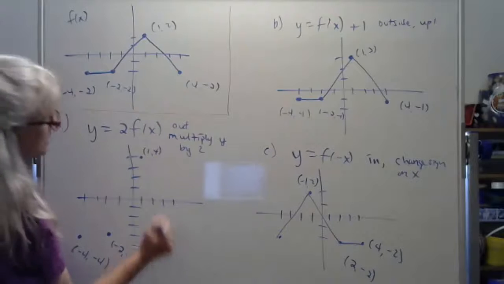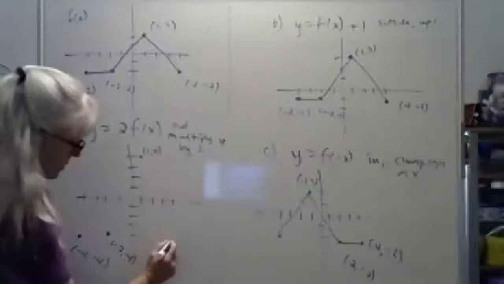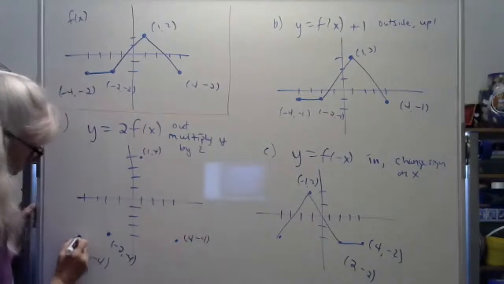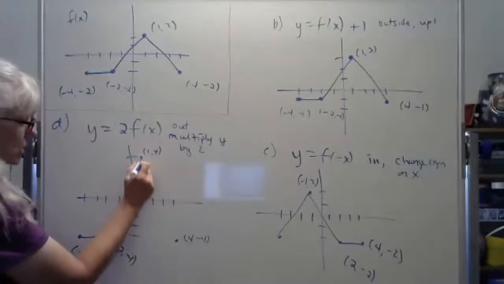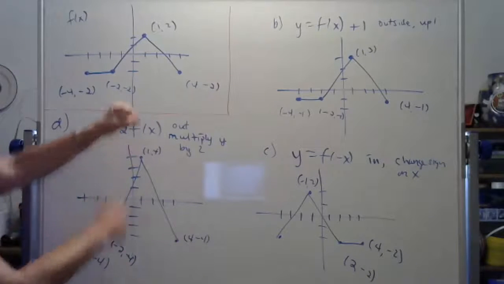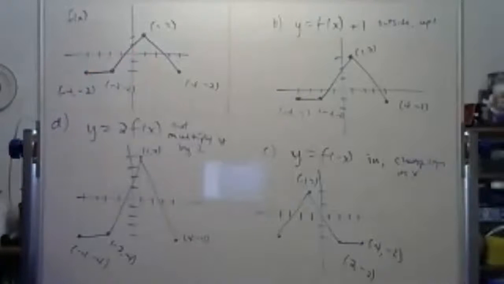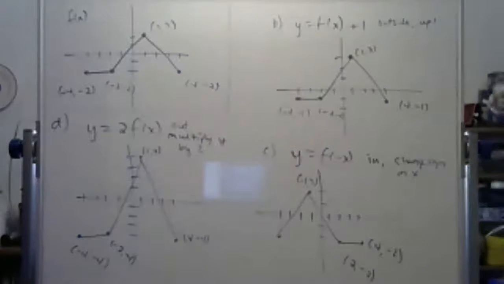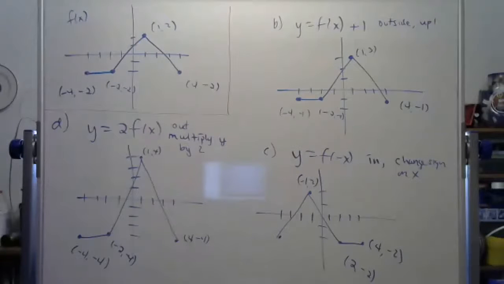And your last point that was at +4, -2 is now going to be at 4, -4. So we can see that vertical stretch happening because we've taken our picture and stretched it in the y direction. So we've multiplied every single y value by 2. Comments or questions about that?